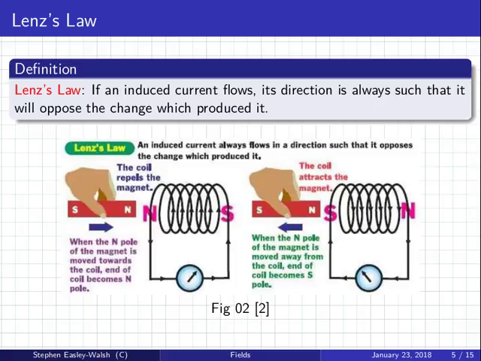Well, you can see in the picture here the current's coming down. The current, we agree, is going to the left. And here the magnet's going to the right. So that's opposed.